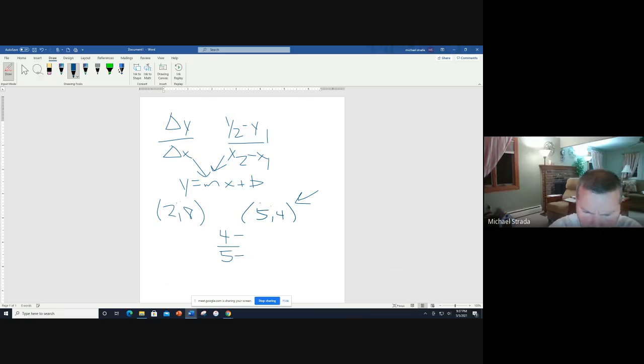We automatically put minus signs up, and then we take the second point and subtract it. So that would be an 8, and that would be a 2. 4 minus 8 is negative 4. 5 minus 2 is 3. So the slope would be negative 4 over 3. Oftentimes, when one of them is negative, we think of the slope as all being negative. So the slope of that would be negative 4 over 3.